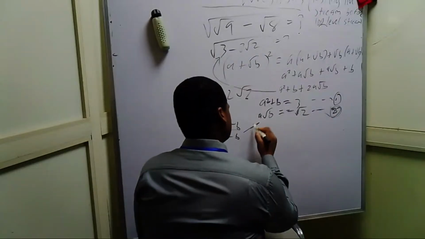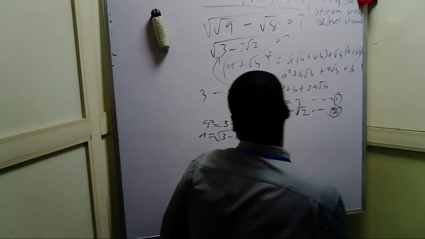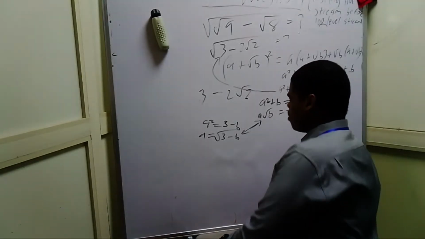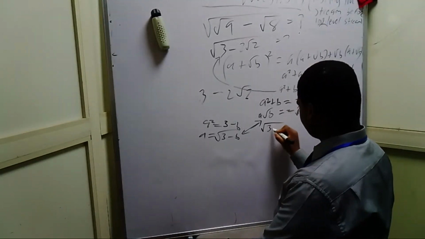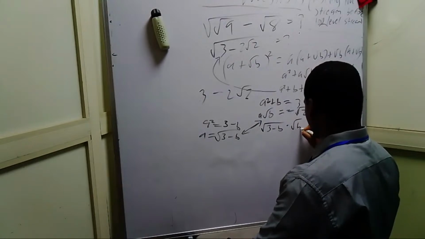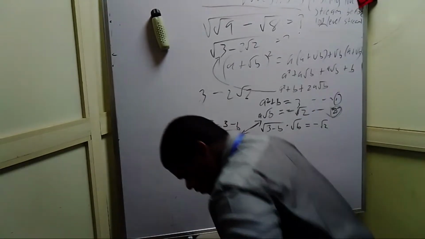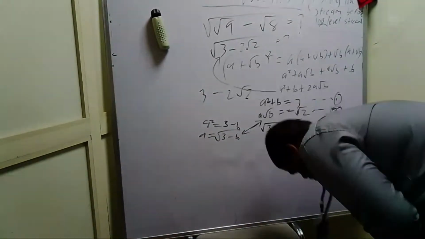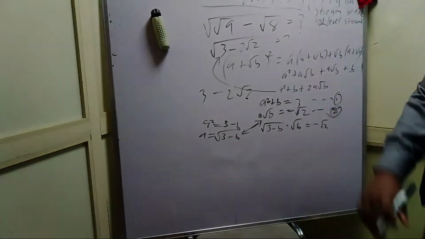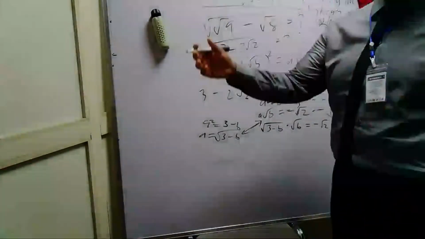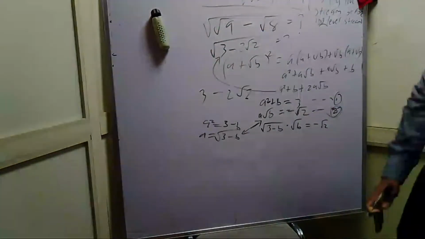Now, if we put these two equations together, a is equal to the square root of 3 minus b, and a root b is equal to minus root 2, we get that the square root of 3 minus b times the square root of b is equal to minus root 2. From the first thing I said at the beginning of the live stream, when you have the square root of a number times the square root of another number, you can merge them together.